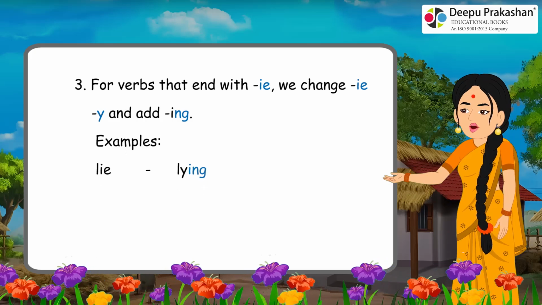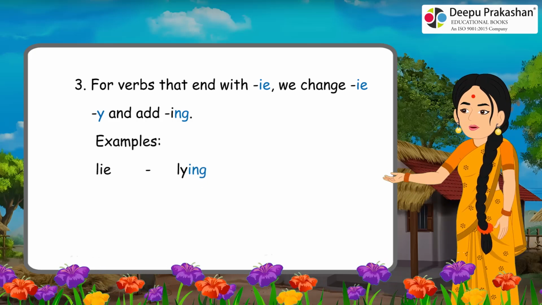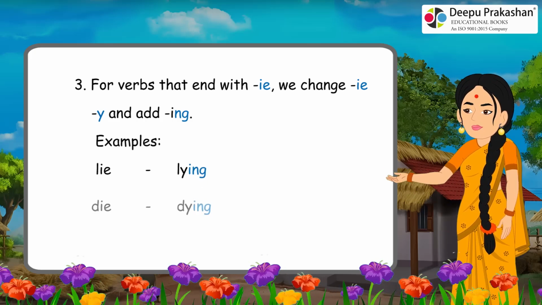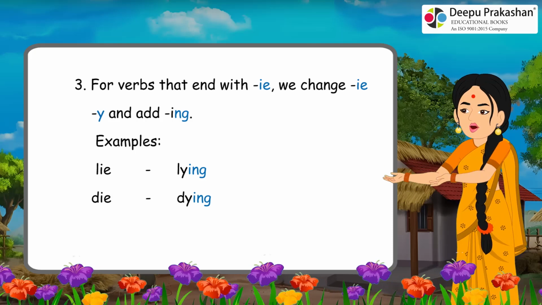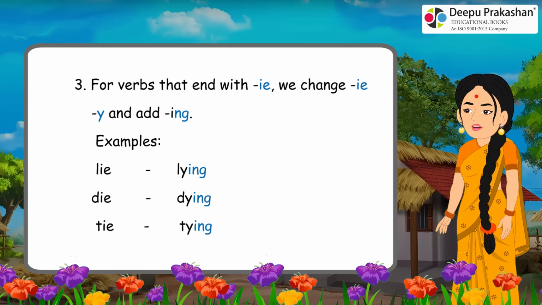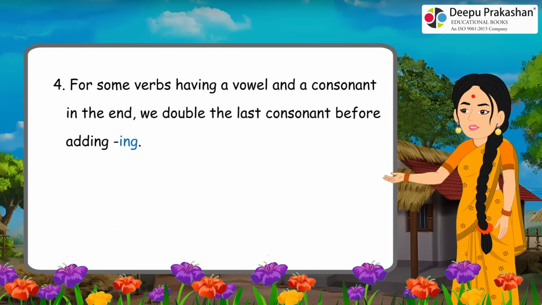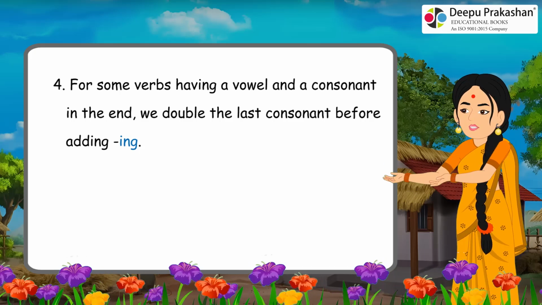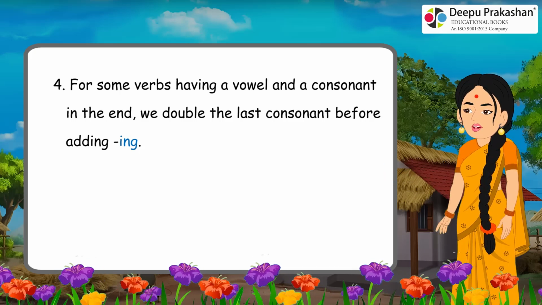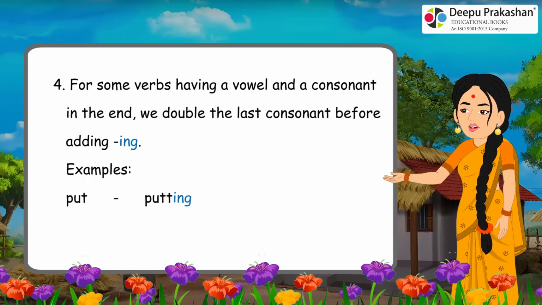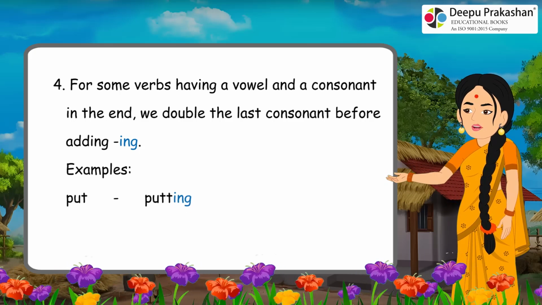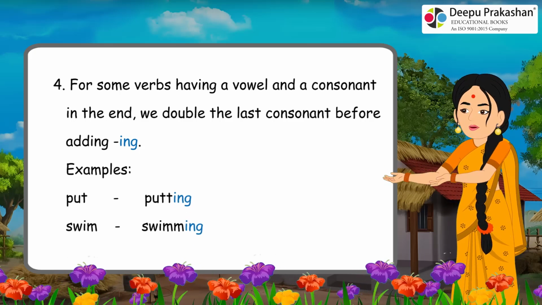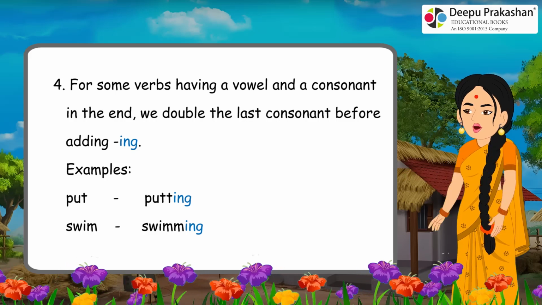Examples. Lie, lying. Die, dying. 4. For some verbs having a vowel and a consonant in the end, we double the last consonant before adding ing. Examples: put, putting, swim, swimming.